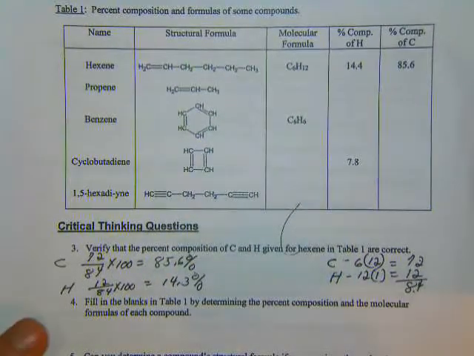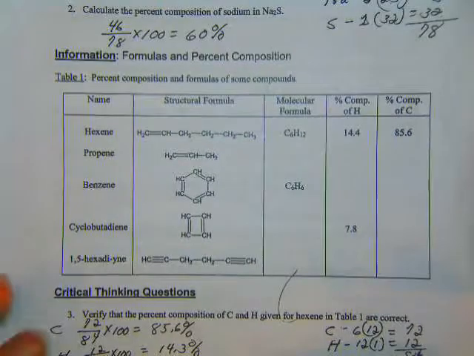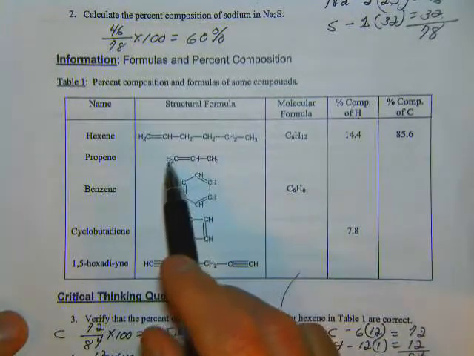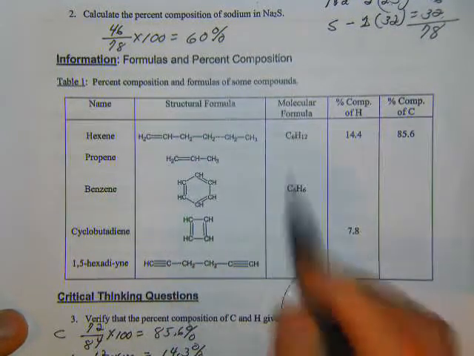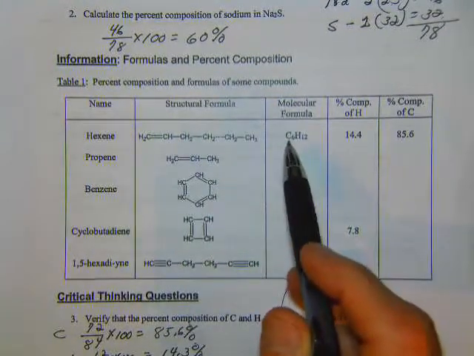All right, number 4 says fill in the blanks in table 1 by determining the percent composition and molecular formulas of each compound. We're going to shorten this down a little bit. Most of the time, especially on these, you're going to name carbon first, hydrogen second.